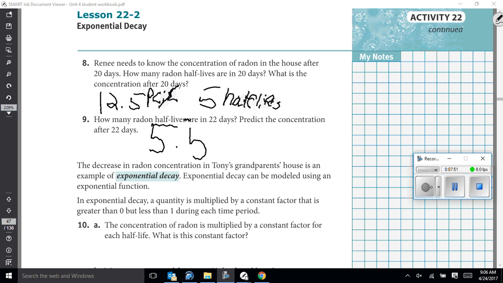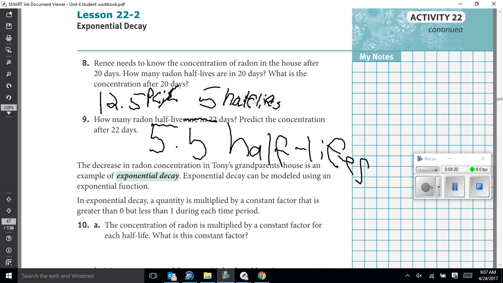Thank you, Tom, for connecting. 5.5 what, Tom? We've got to label. There you go. Half-lives. Alright, so questions on 8 or 9?